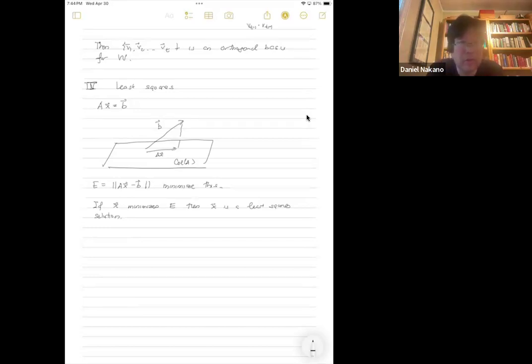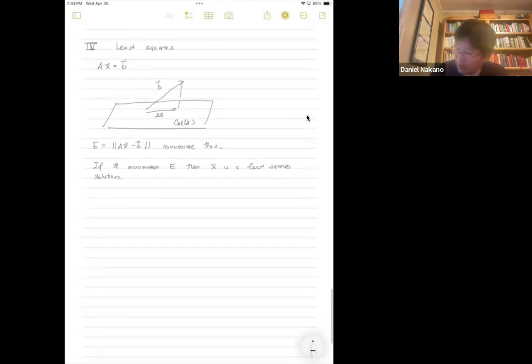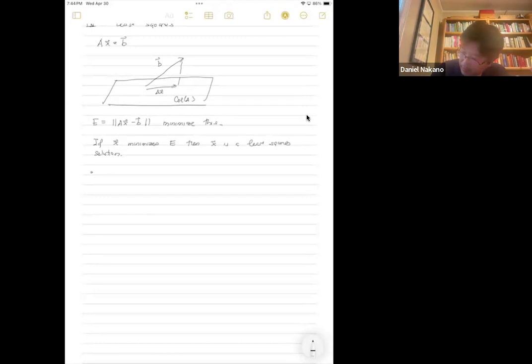Now, what we did was we sort of analyzed what the possible least squares solutions are. So first of all, least squares solutions have to satisfy the following equation.